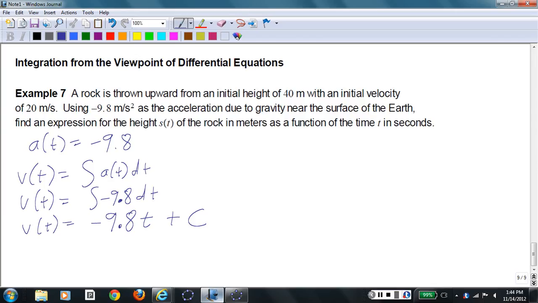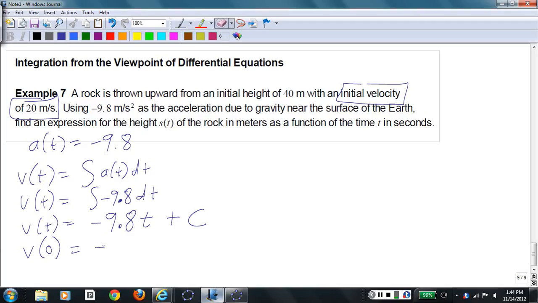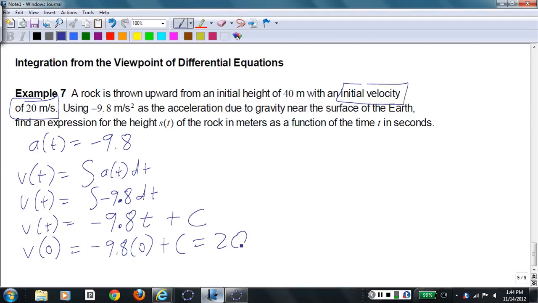But we can be more specific because we have an initial condition. The initial condition on the velocity, initial velocity of 20 meters per second, what we know is that v of 0, v naught, if you will, is equal to, well, let's do this. For the sake of space, negative 9.8 times 0 plus c, and it's given to be 20 meters per second.